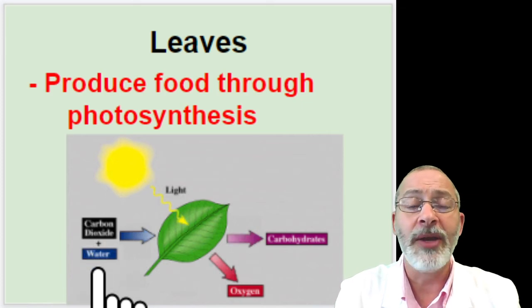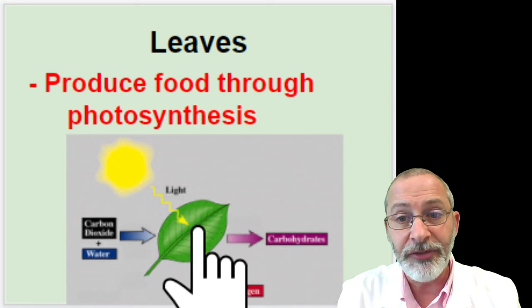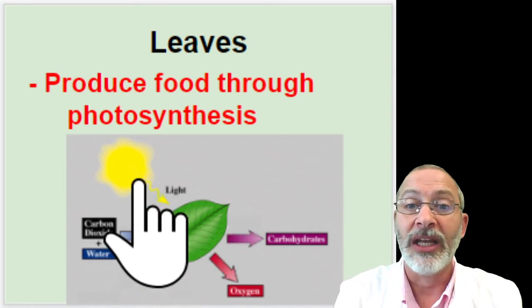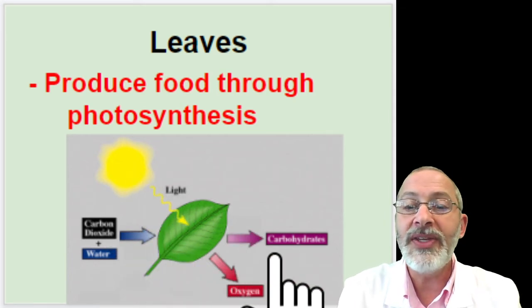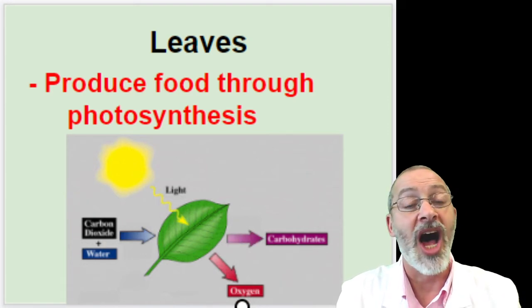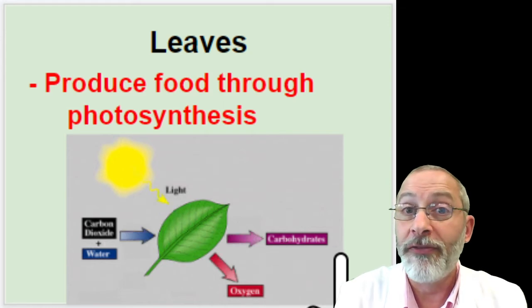carbon dioxide and water from the environment enter into the leaf and are involved in a chemical reaction. The light and the chlorophyll are the catalysts, and the products of that chemical reaction are oxygen that we need to breathe and carbohydrates, or food.